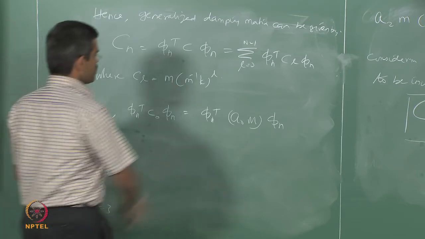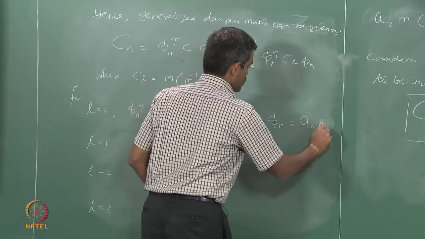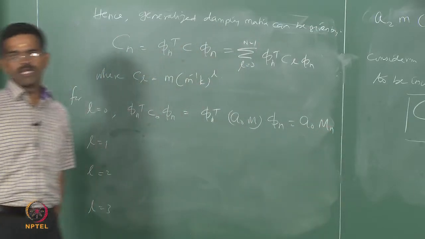We already know phi n transpose m phi n is A naught m n, normalized mass matrix.